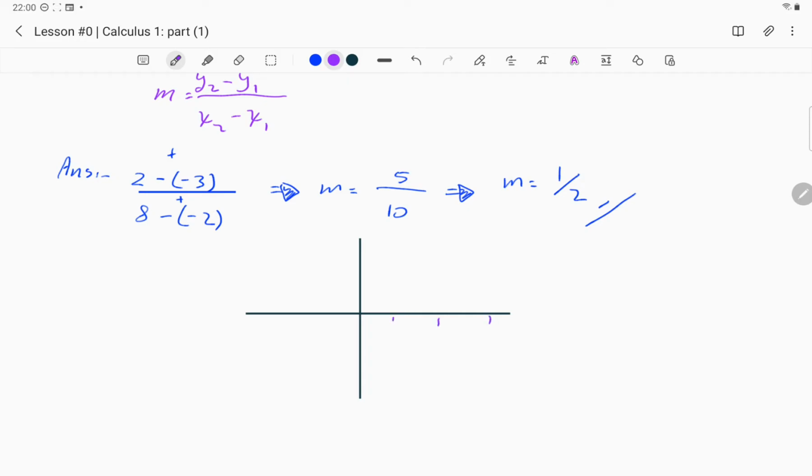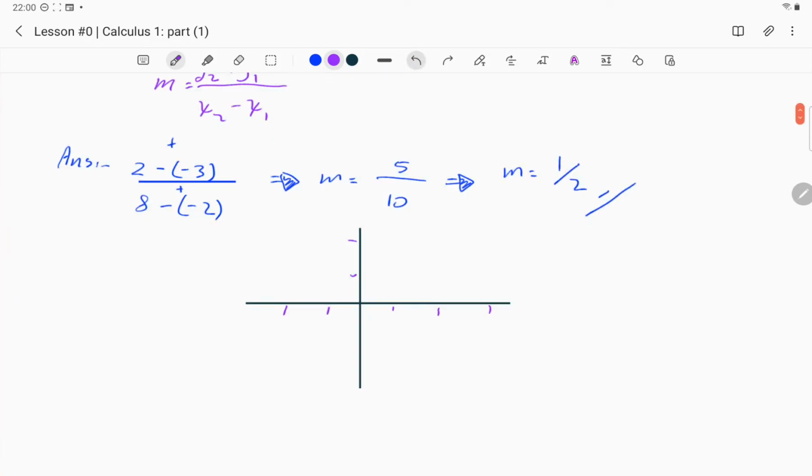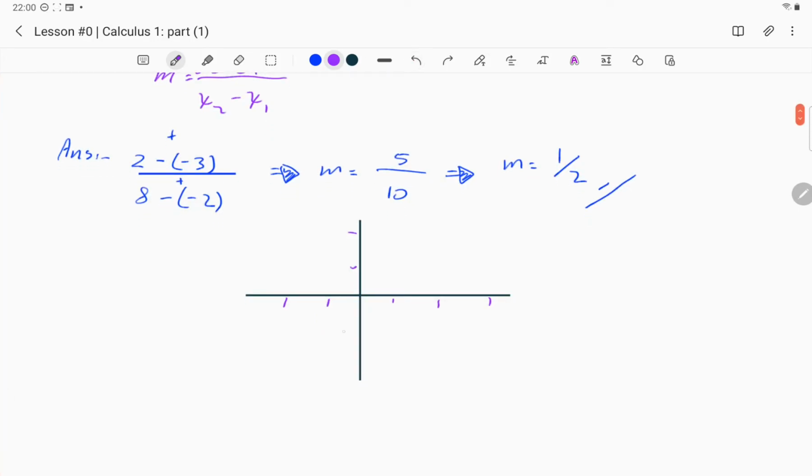I'm just going to mark the distance between this as 2 and this as 4 and so on.